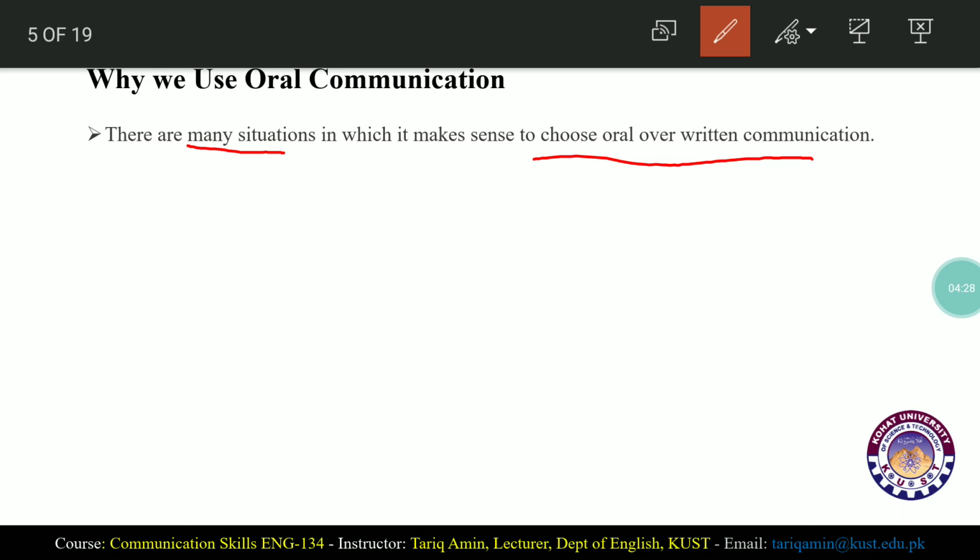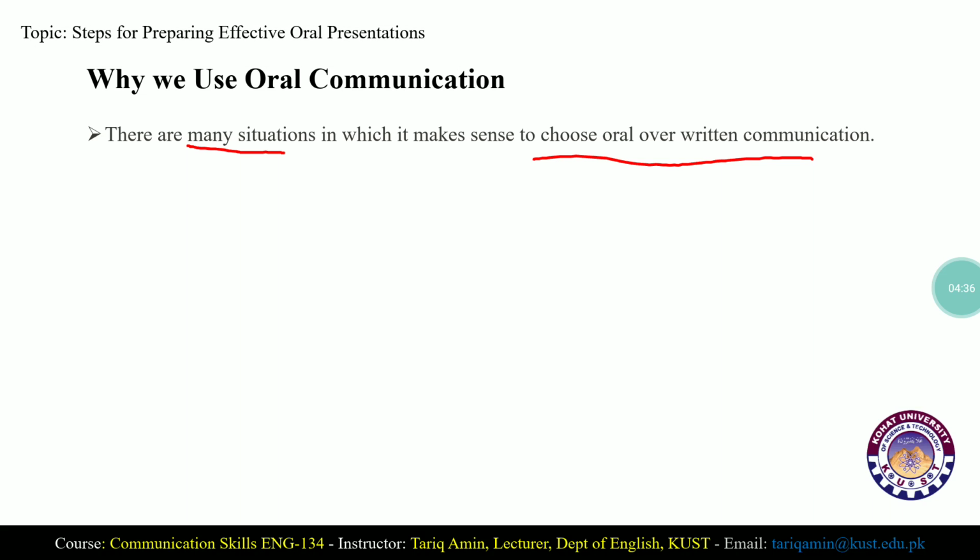So there are many situations where it is necessary to choose oral communication over written communication. There are many cases where oral communication is more appropriate and more useful and more effective than written communication.